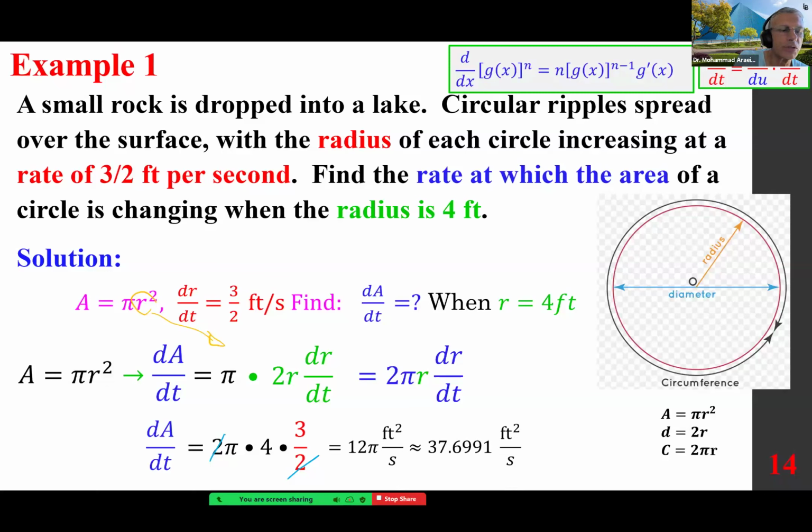A couple of things I want to mention here. The units are units of the numerator over the units of denominator, or you can work it out here. If you replace the r with 4 feet rather than 4, and the dr dt with 3/2 feet per second, you get the same units. This is an exact answer. This is an approximation.